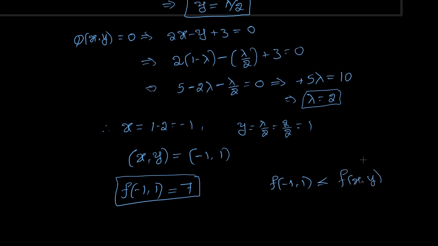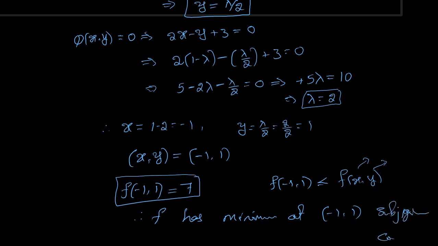To see that, you take x equal to some value, y equal to some value near minus 1 comma 1, and you can identify that. Therefore f has a minimum at minus 1 comma 1, subjected to the given constraint.